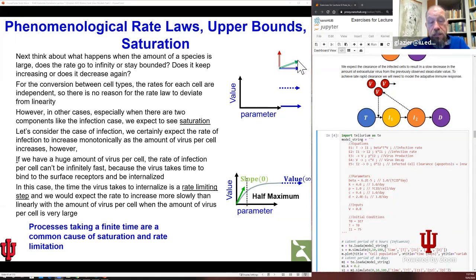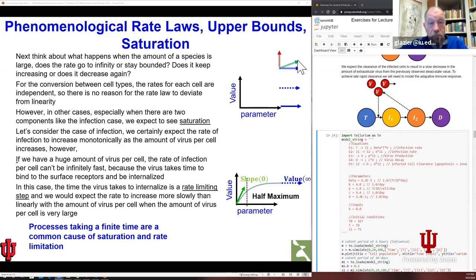If we're converting cell types, if we have cell of type A going to cell type B, the rates are independent. The rate at which one cell converts is independent of how many cells I have. And therefore, that linear function for conversion from I1 to I2 or I2 to dead makes sense.